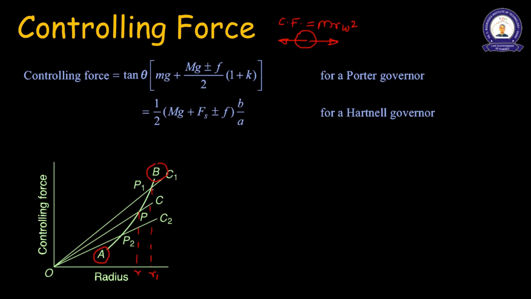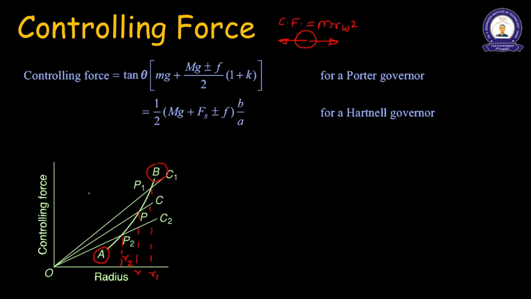Since there is an increase in speed, the radius is increasing. So the sleeve will move upwards, the throttle valve will close down and it will try to bring its speed to the mean speed again. Vice versa, if speed drops down from p to p2, its corresponding radius will be r2, which is less than r. In this case, the sleeve will move downwards, it will open up the throttle valve and it will try to again increase its speed to mean speed p.